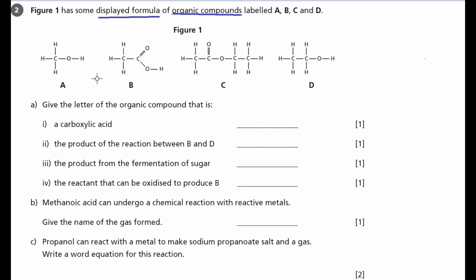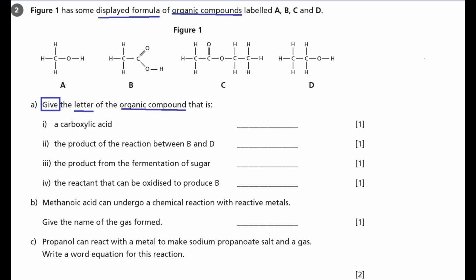Give the letter of the organic compound that is. So what's the command word? The command word is give, and that just means state simply. And we're giving the letter, only the letter, of the organic compound from the list above. So, part I, I'm looking for a carboxylic acid.